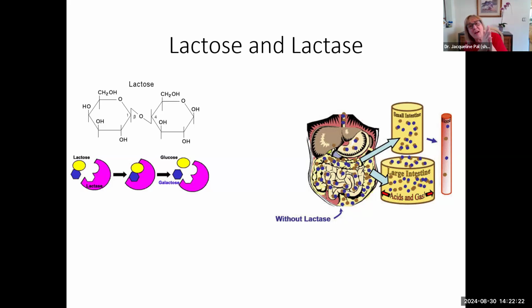Only a side effect of that bacteria breaking down the lactose is that bacteria releases gas. And so now you've got a bunch of liquid with a bunch of gas in it, and you are going to be having those liquid farts. Which is not a good thing.